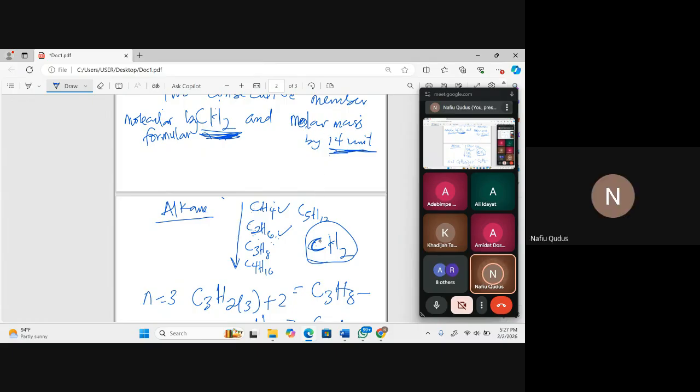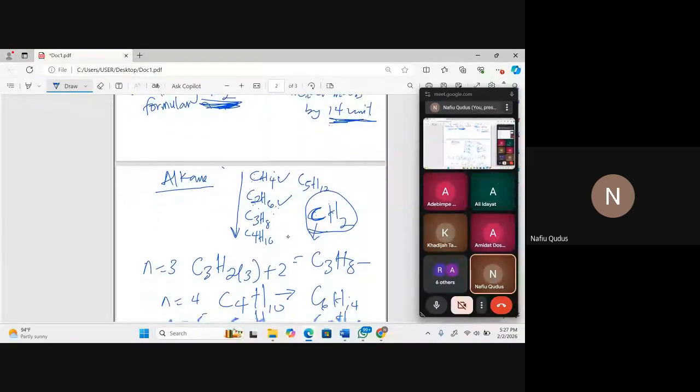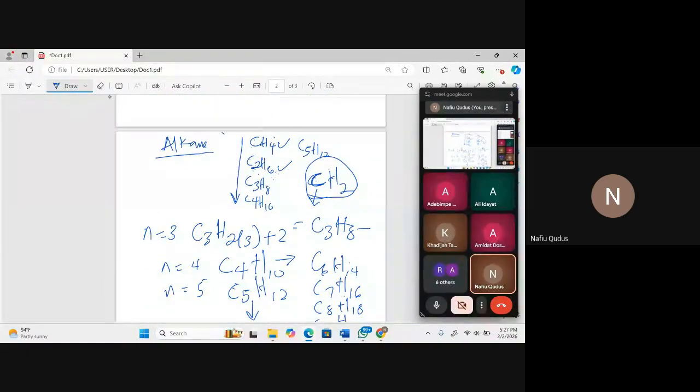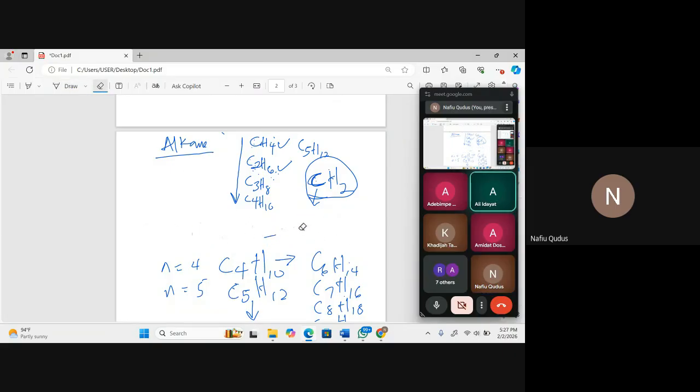We need to calculate the molar mass of CH2. What's the mass number of carbon? 12.